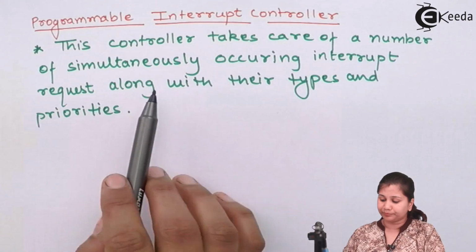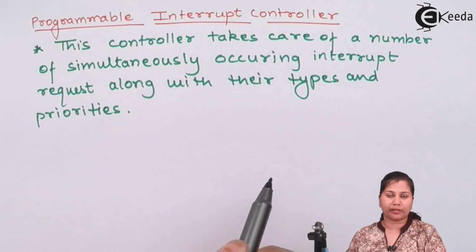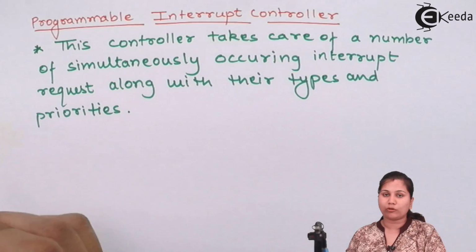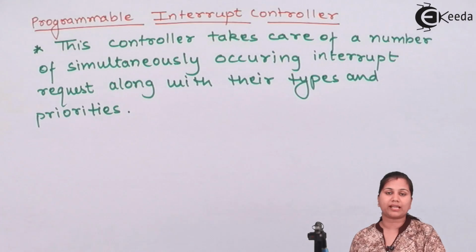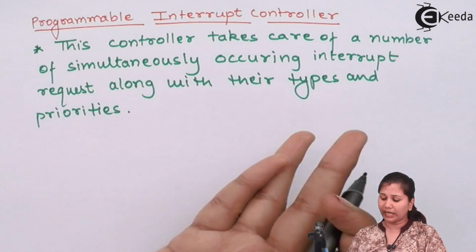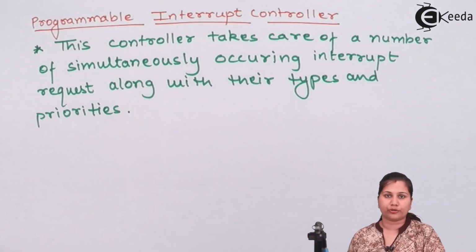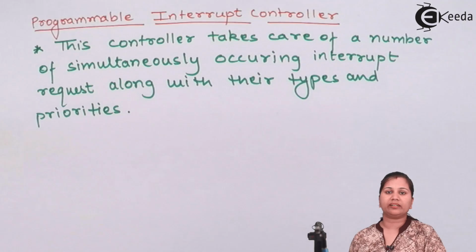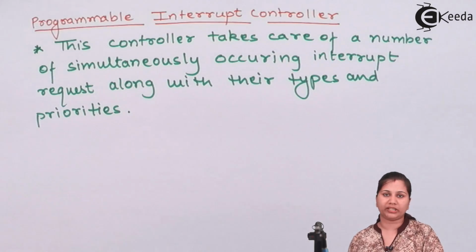And also the type of the interrupt request, which type of interrupt is provided by the input output devices, and also the priority, which interrupt has the highest priority and which has the lowest priority, is also decided by this controller. So this controller takes care of the multiple interrupts occurring in the processor, and it is basically relieving the microprocessor from these tasks.